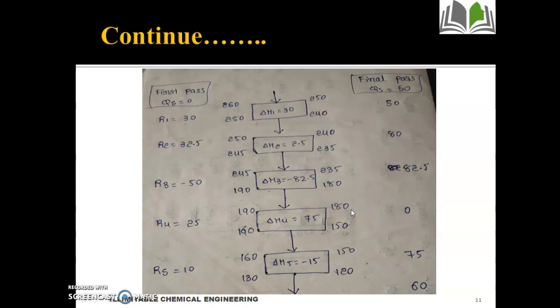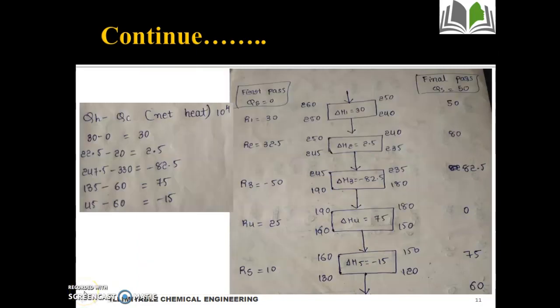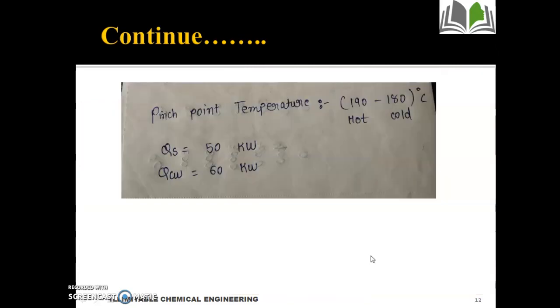So this is another method that is given in Biegler. Whichever method you want to use, you can use, if you find it easy from both methods, right? So this is the QH minus QC calculation that will give you delta H, and it is shown here. So this is the second method.